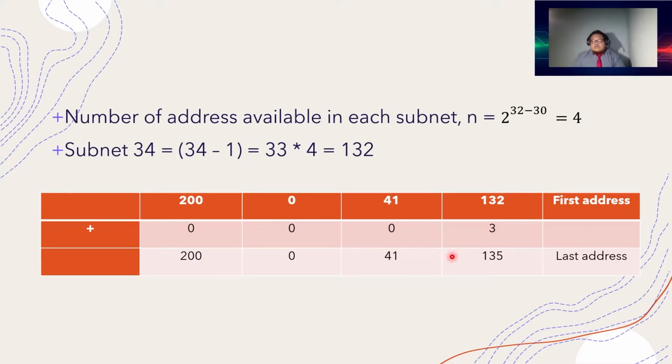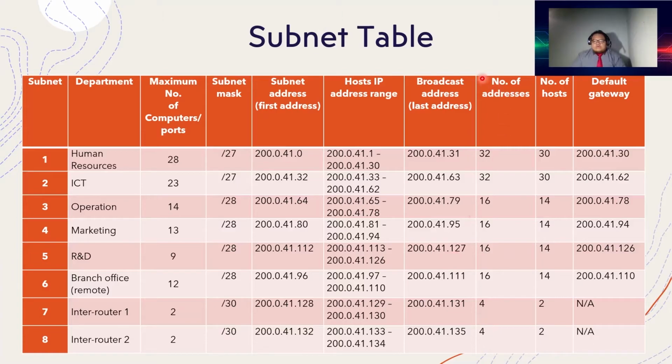So in order to get the whole picture, we are going to see it in the subnet table that we have prepared. So in here, this is the subnet table for each of the subnets. As we can see here, the maximum number of computers and the subnet mask are different for each subnet, and this is the subnet address, which is the first address.